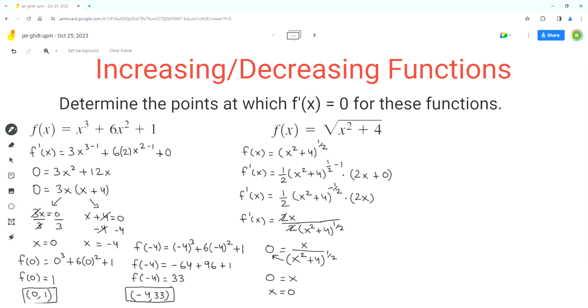So now next, we have to find the y value. So we'll sub in x as 0 in the given function. So f at 0 equals square root of 0 squared plus 4. So f at 0, so 0 squared is just 0 and 0 plus 4 is just 4, and square root of 4 is equal to 2.